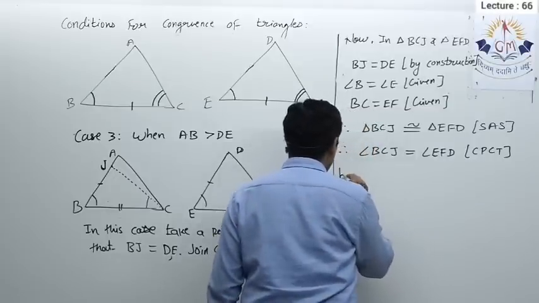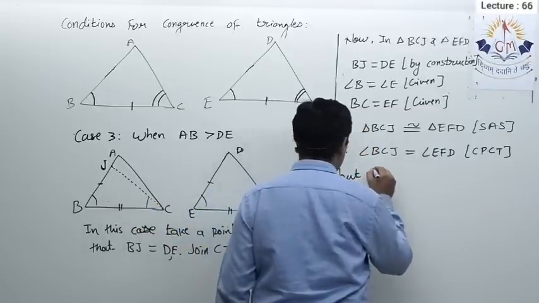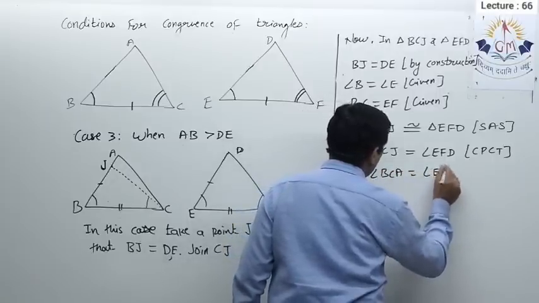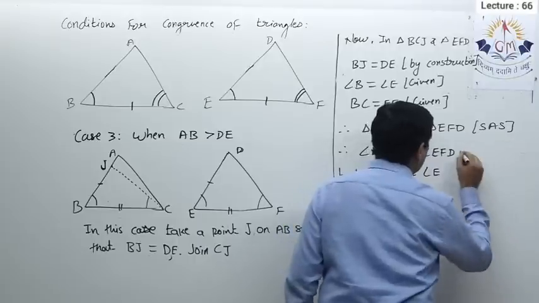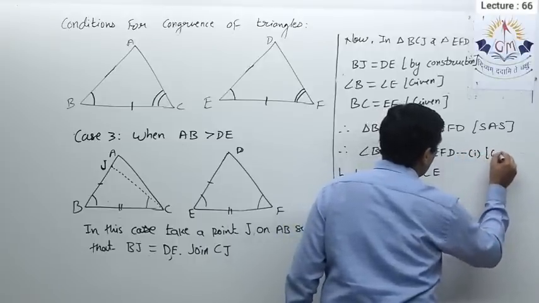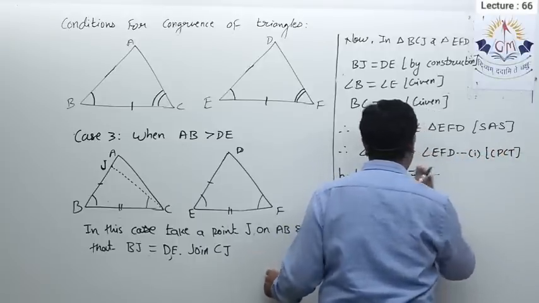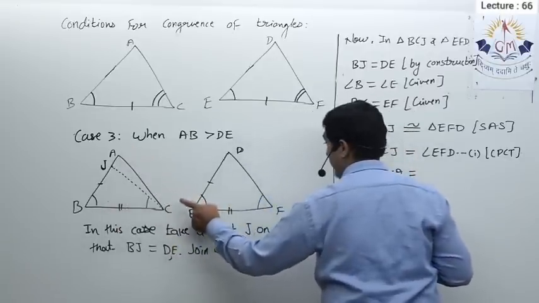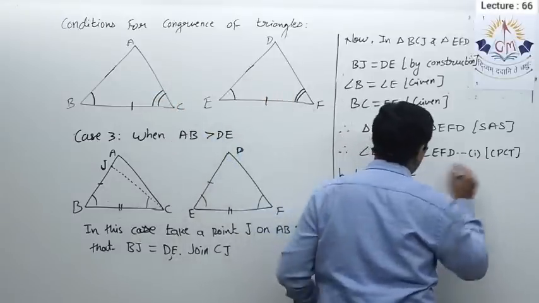Let this be the equation number 4, from CPCT. And angle BCA is equal to angle EFD, that is already given.